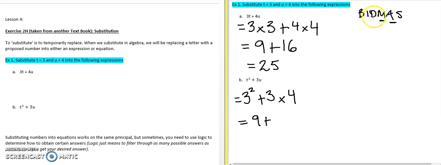Plus, then we do any divisions, nope. Multiplication, yes. 3 times 4, in this case, is 12. And go ahead and just add those two up. So 9 plus 12 is equal to 21. So this is the straightforward substitution into an expression.